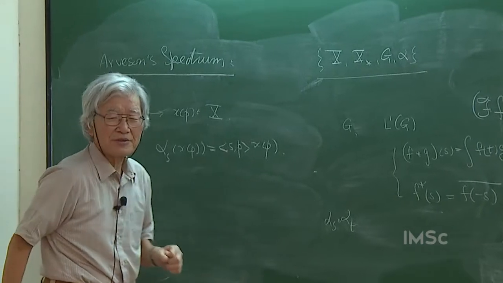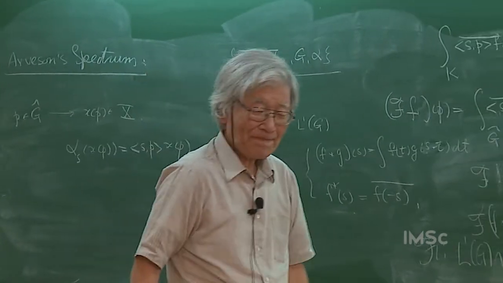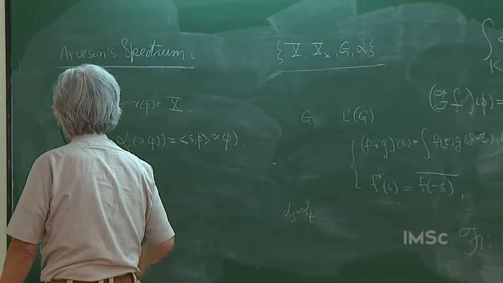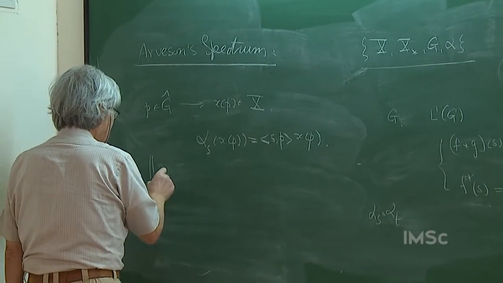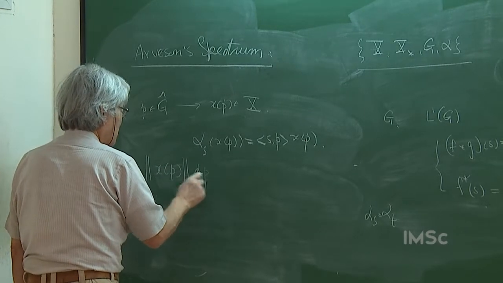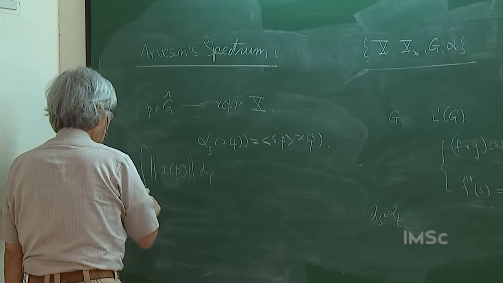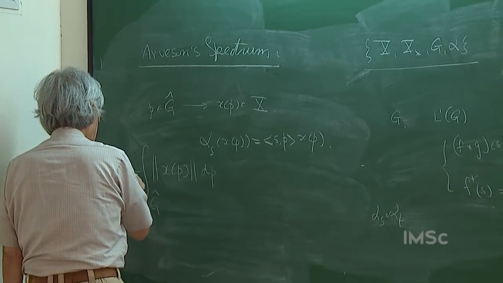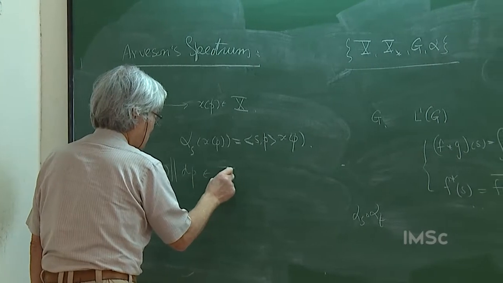See what happened. Okay. And you assume that the norm of x_p is integrable over G hat, so you have another element in X.